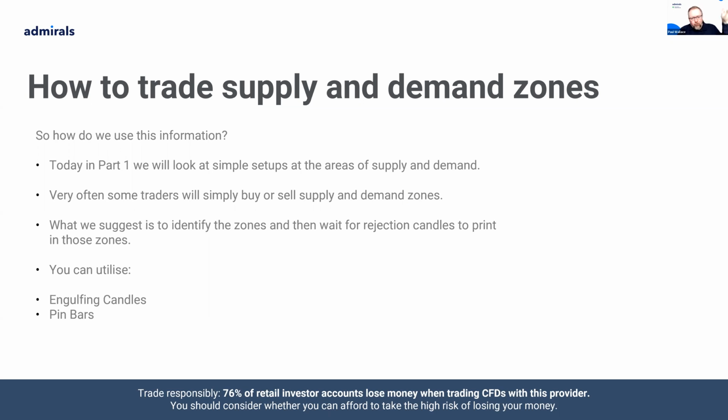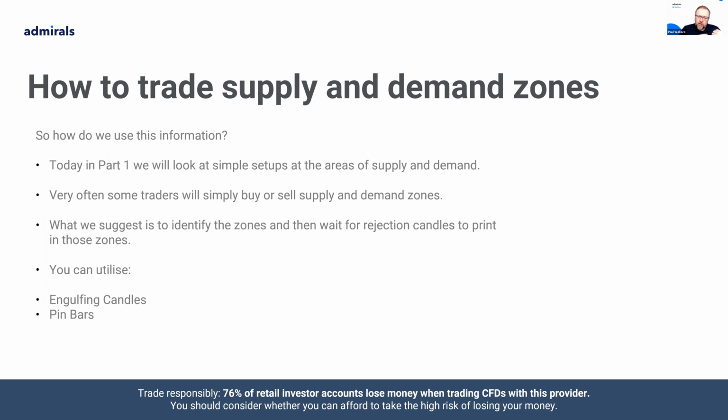As price drops back into a demand zone, they will have either a market or pending order and just buy those zones. Or if price rallied back up into a supply zone, they will just have an order to sell at that zone. And that can be very useful for some traders.